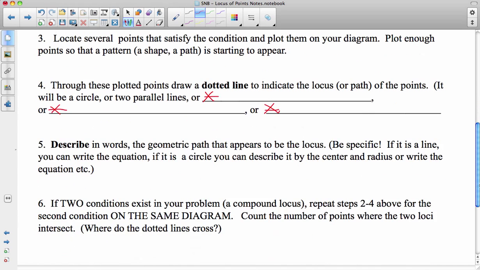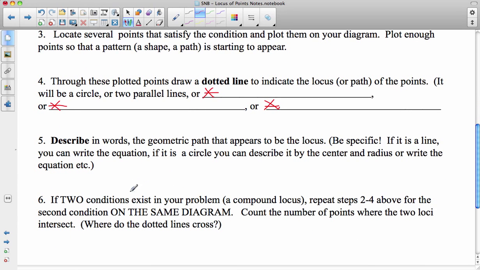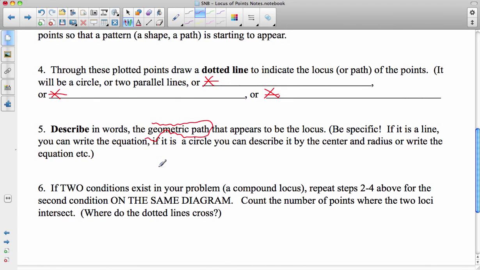And then number 5, once you get your picture drawn with those dashed lines, you're going to describe the geometric path that you see. So, we have to use our words. Is it a circle? Is it a line? Is it a parallelogram? Is it 2 points? Something like that. And then number 6 comes in.